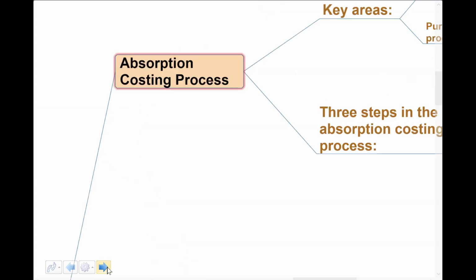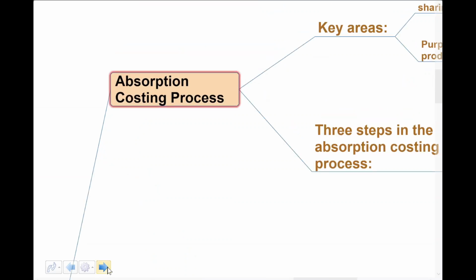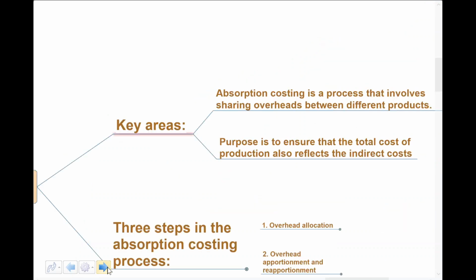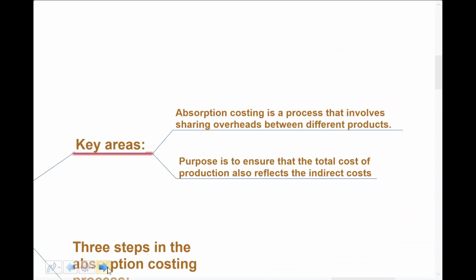Let me explain further. First things first, the absorption costing process, what do we mean by that? Well, when we think about costing, we know that costing is important, as we'll see below, for just a number of different reasons. We need to be able to establish costs accurately. This is just one method. So what is this method? Well, it's a process that involves sharing overheads between different products. Okay? Now, what's the purpose of absorption costing?